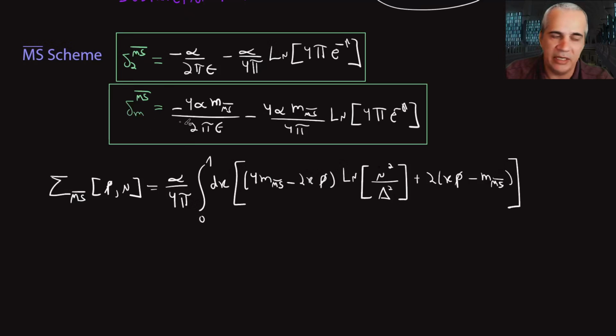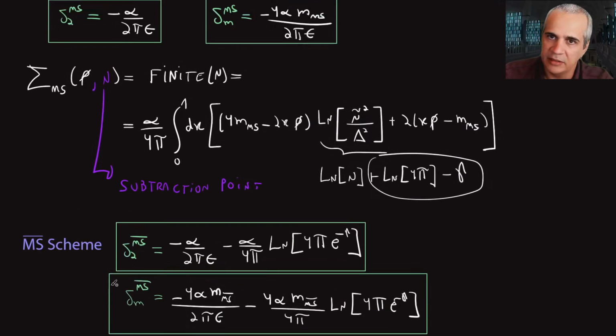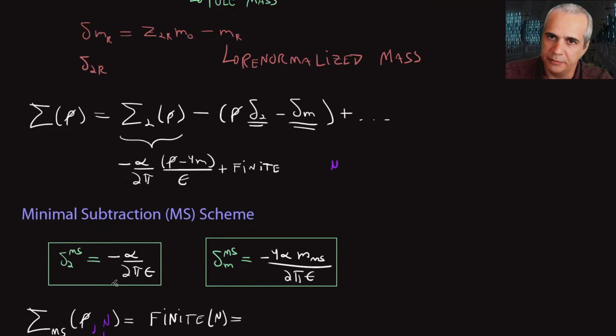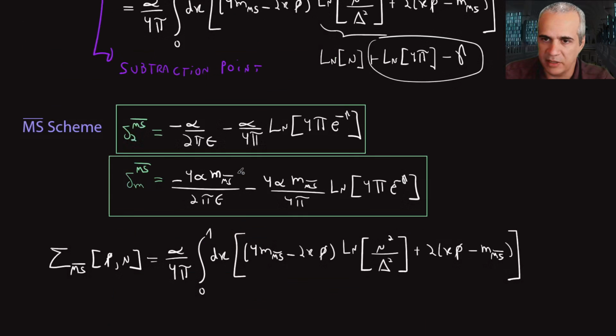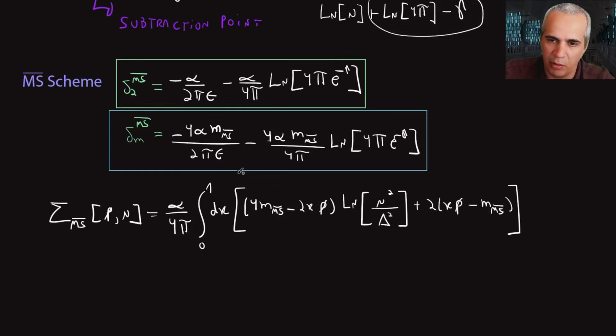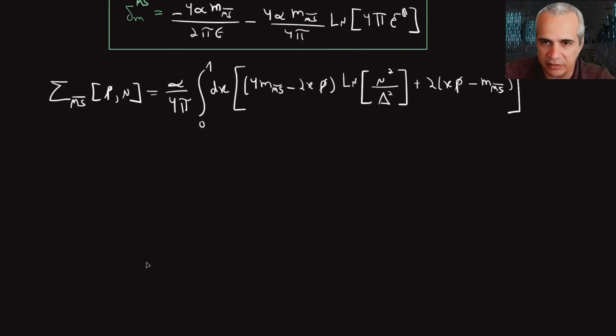But it is the same theory, so it's still true that this propagator that I defined up here, this one, now in terms of the renormalized constants in the MS bar scheme, should have a pole in the physical mass of the electron, right?